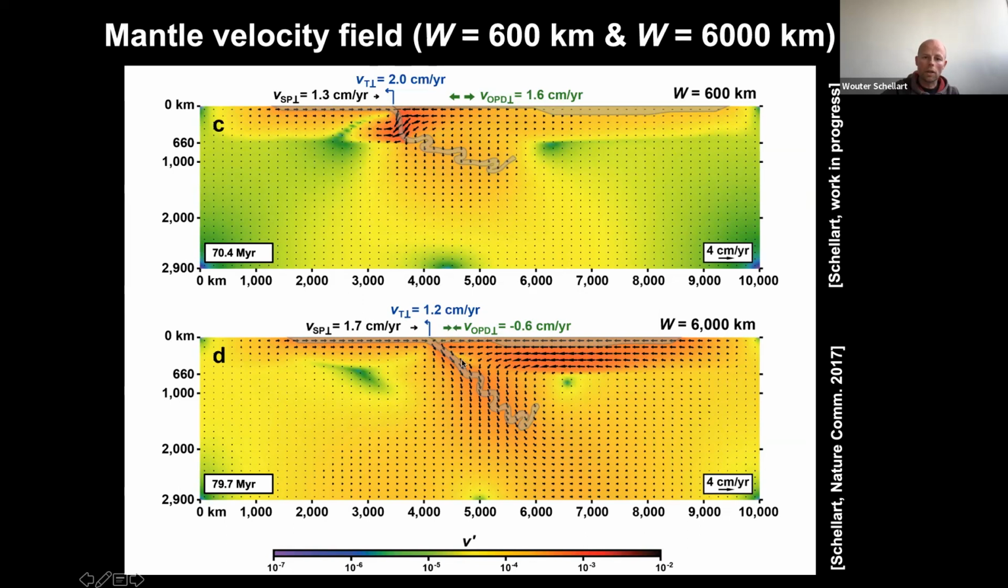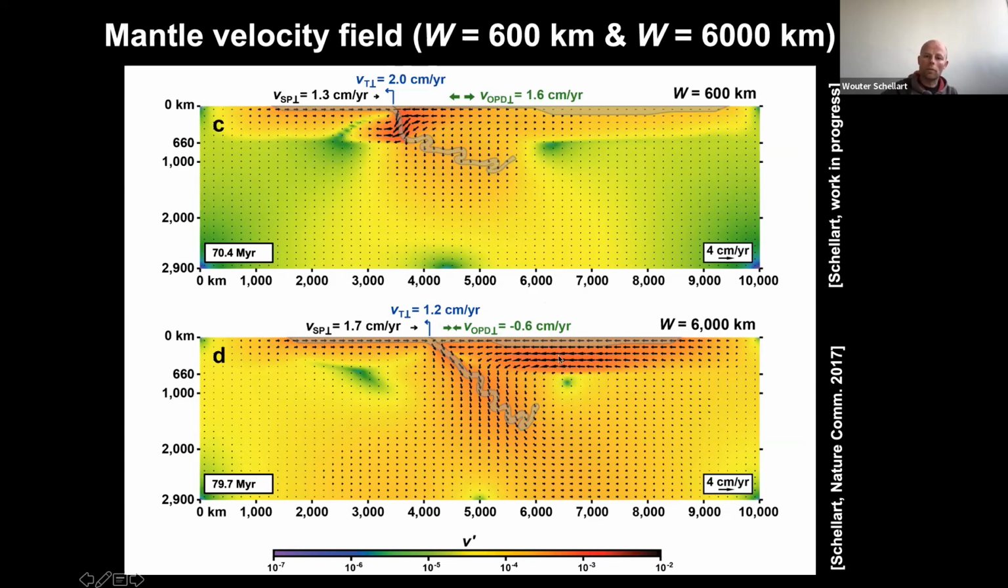And here in the near back arc, close to the trench, the velocity vectors are much smaller. So now we actually have a negative basal shear traction gradient below the overriding plate, opposite to what we have for the narrow slab subduction model. So here we have a positive shear traction gradient, and here we have a negative shear traction gradient.